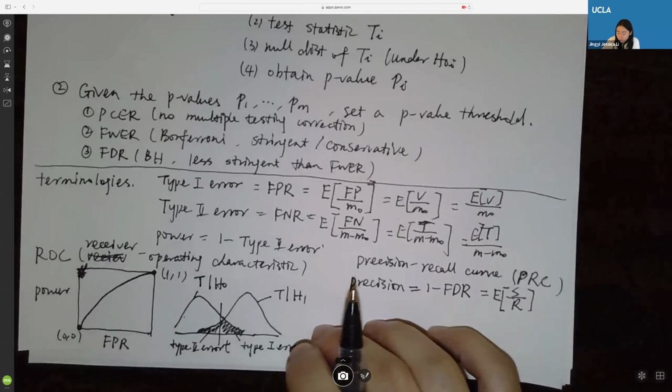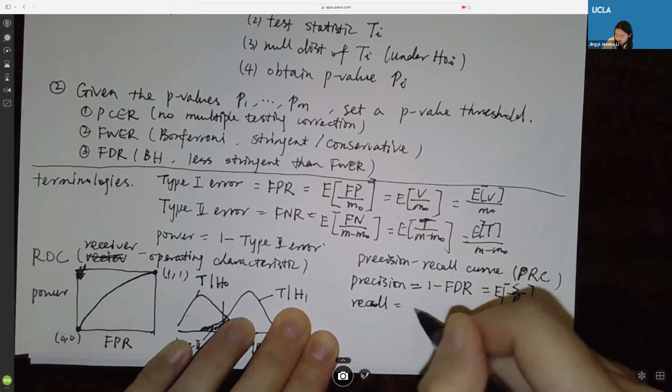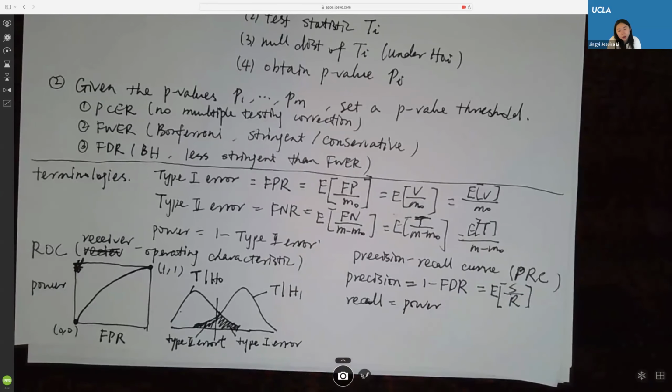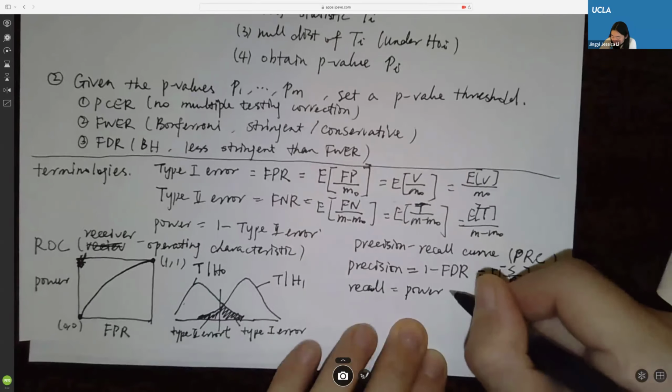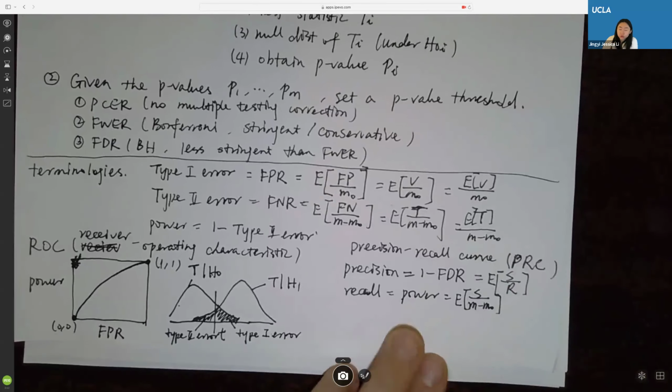And recall is another way of saying power. So they are the same thing. For recall, it is among my true positives, how many do I correctly discover? In other words, it is the expectation of S over N minus M0. The true positives, how many do I discover?